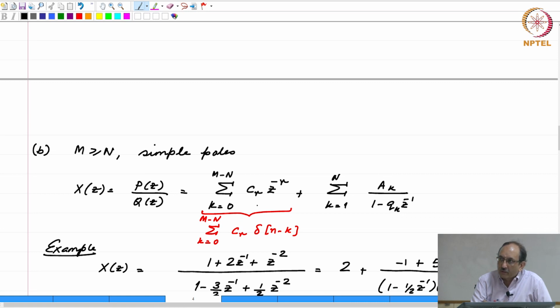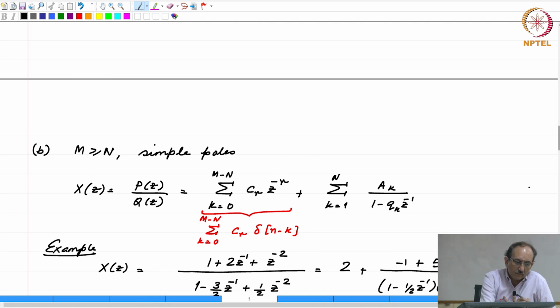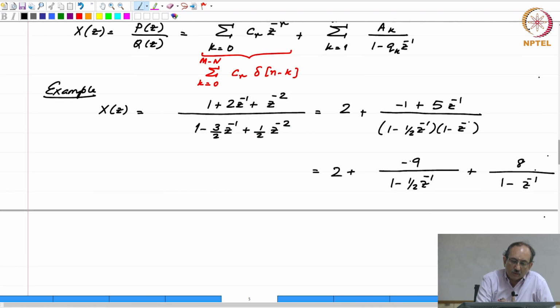In this particular case, what do you expect to get for K? The quotient polynomial is 2. Therefore, you can expect to get 2 here, and then R are the residues, and the residues that you will get are minus 9 and 8, and P are the poles.